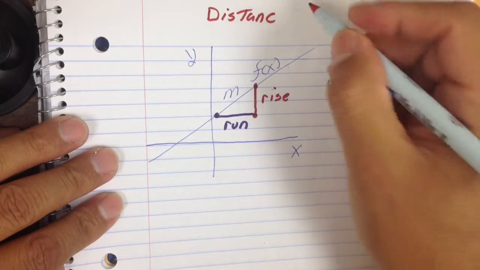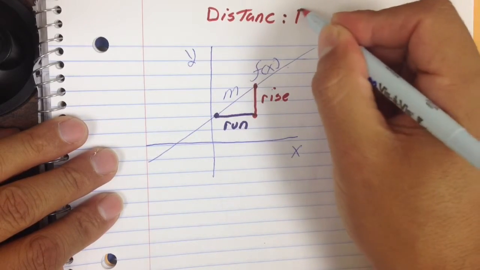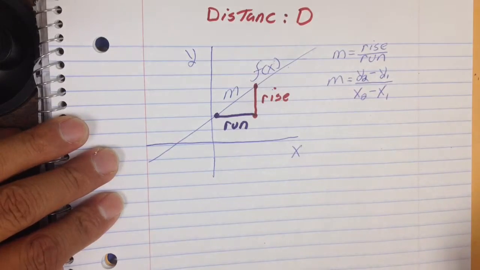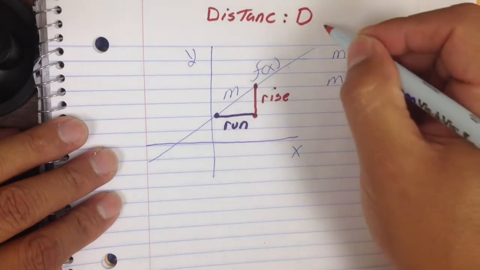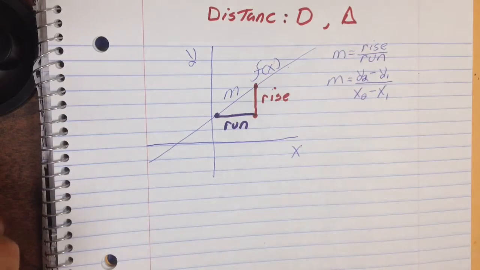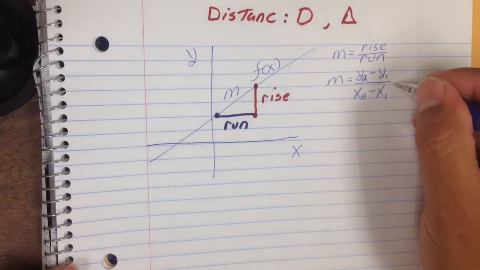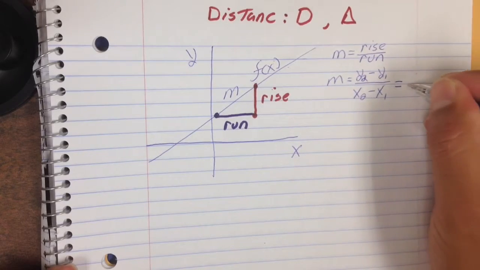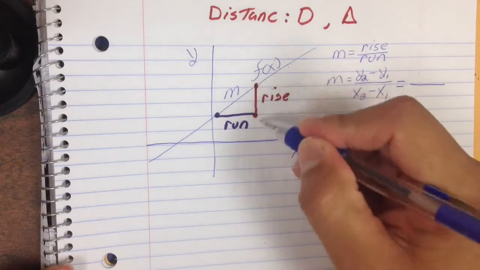And distance begins with the letter D. However, the Greeks used the letter delta for the letter D. Makes the same sound.